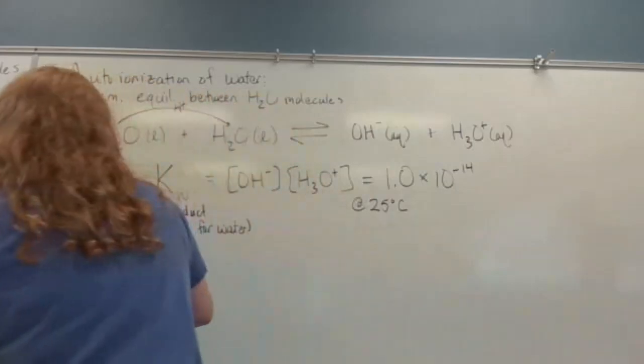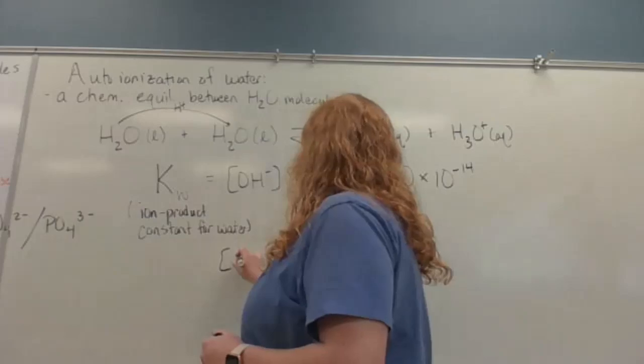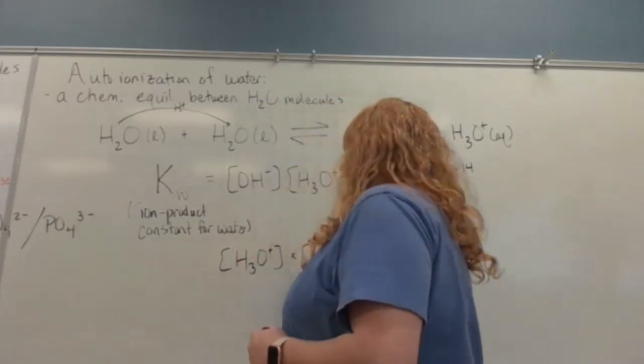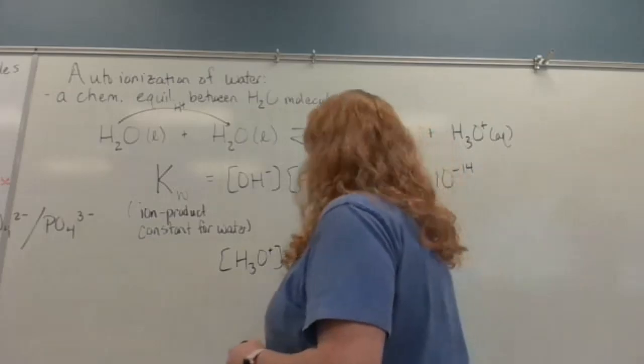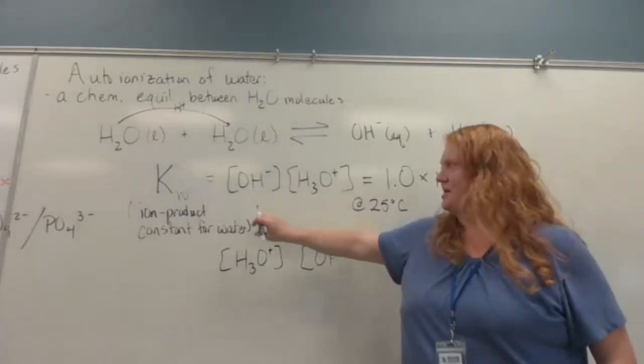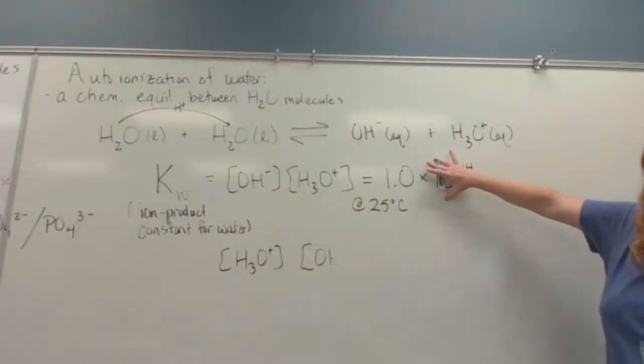Which means the concentration of hydronium times the concentration of hydroxide. What does that mean? These two numbers multiplied always equal this value, right? Constant.